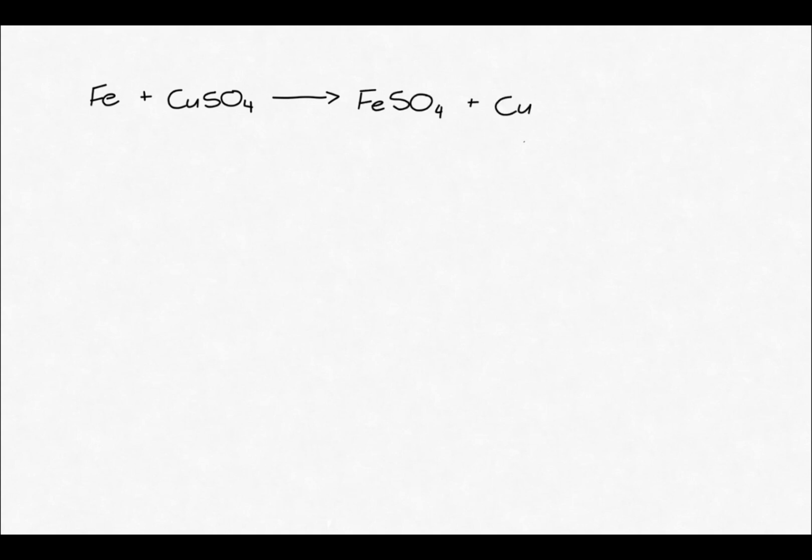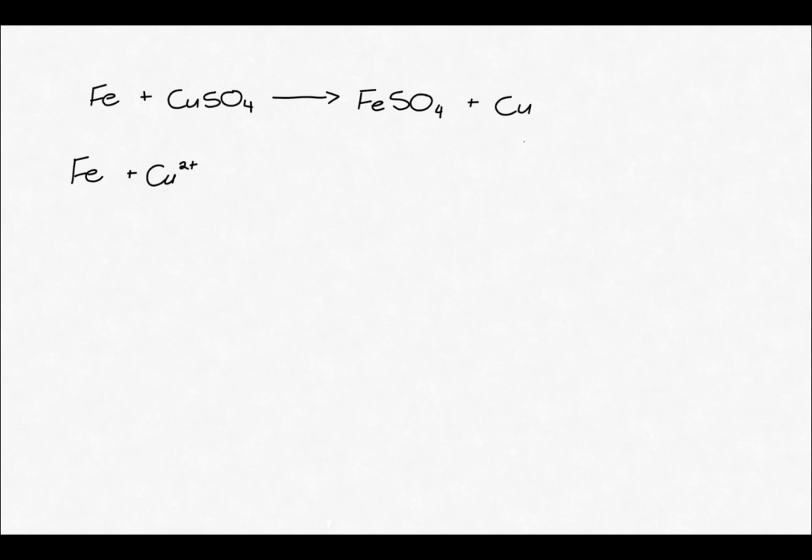Here's a good example. If we have iron plus copper sulfate, we will get iron sulfate plus copper. We can then break this reaction up into its ions. Iron will not have a charge because it's standing on its own. Copper is 2+ because it's bonded to sulfate. Remember, sulfate will always have a charge and oxidation number of -2.